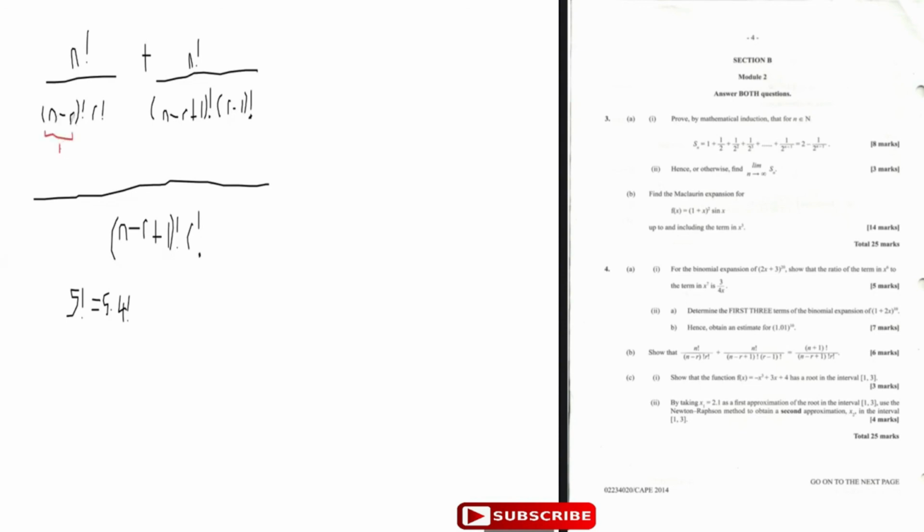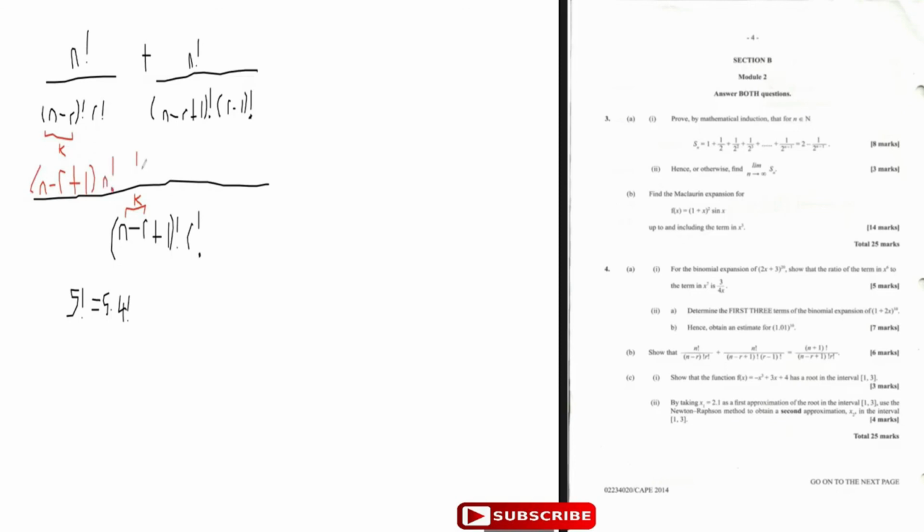So it's like you have k factorial and a (k plus 1) factorial. k factorial into (k plus 1) factorial leaves just k plus 1, which is n minus r plus 1, and all of this is multiplied by n factorial.